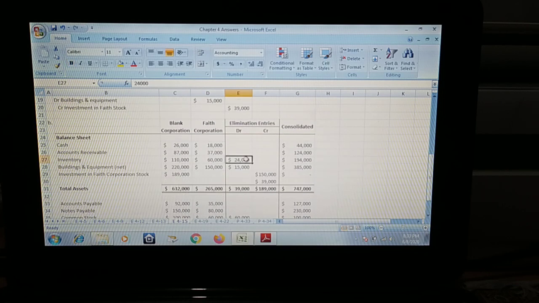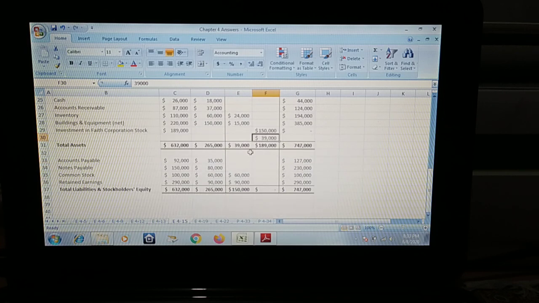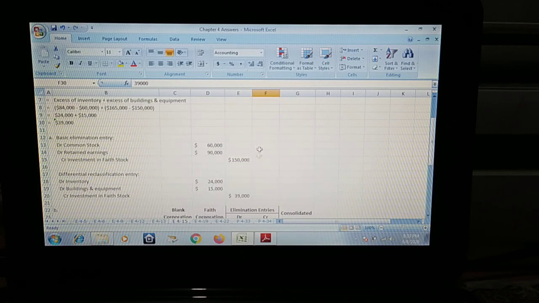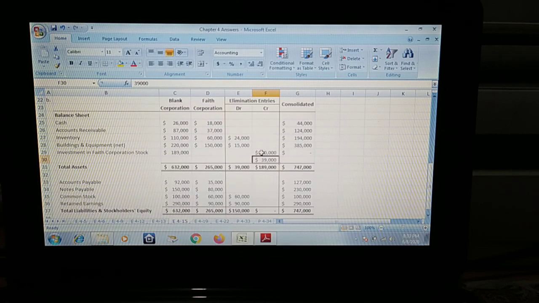And then remember, investment, it is better for you to separate into two rows, okay, because the numbers are for different elimination entries. And then after that, you make sure that your debit credit column is balanced.